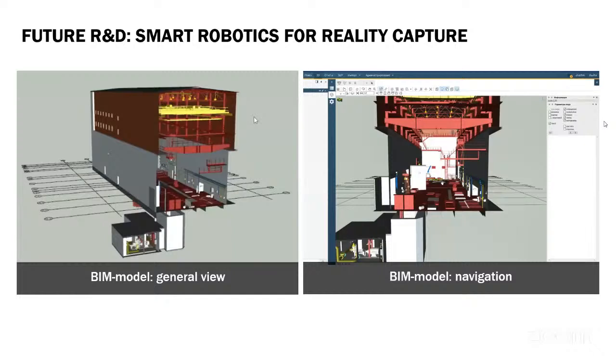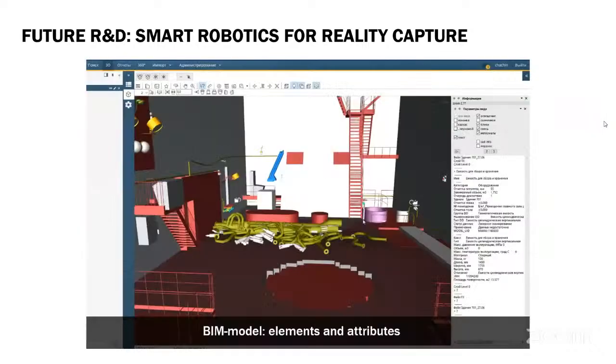We can navigate inside the model to have a visual representation of the facility and its compartments inside. We can also obtain the characterization attributes: we can choose elements and see in the right area all the attributes that are needed for subsequent decommissioning.